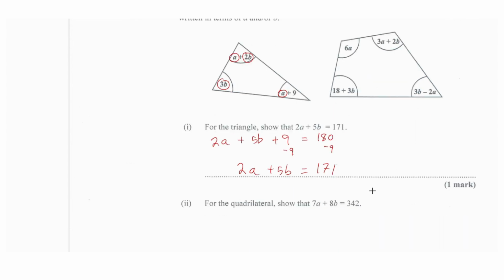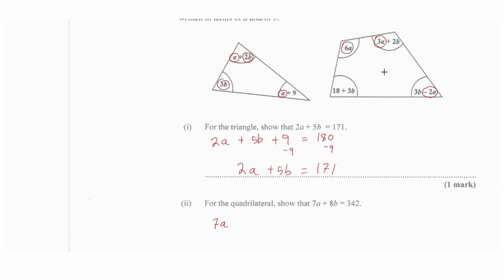Let's move on to part 2 of the question. For the quadrilateral, show that 7A plus 8B is equal to 342 degrees. Okay, so again, we're going to collect the like terms in A. So we have 6A plus 3A, that's 9A, subtract 2A, and that's 7A.